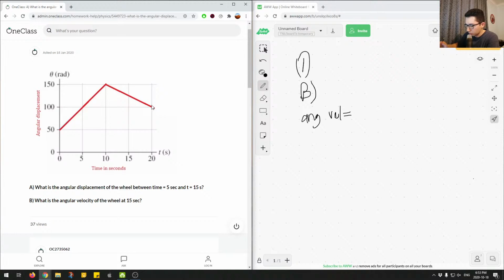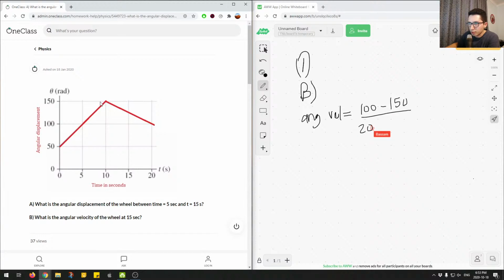At the final point the y-axis is 100, minus at the initial point the y-axis is 150. And then on the x-axis, the final point is 20 and the initial point is 10 seconds.